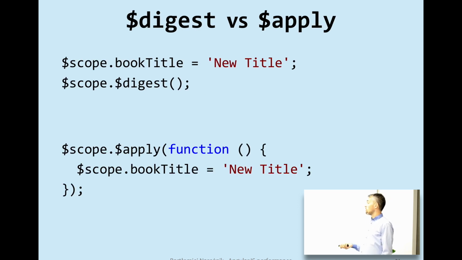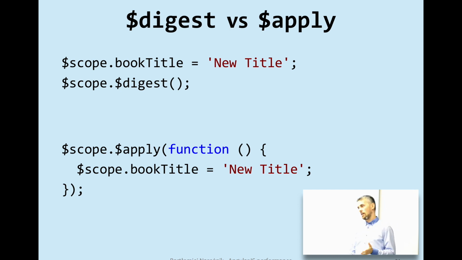And of course, we can call digest manually. We can decide whether to call it if there are some changes we would like Angular to know about. There are two basic functions to do that, digest and apply. The difference between them, besides notation, is that the first one will start from the root scope, and the second one will start from your current scope, so your upper scopes will not know about that.